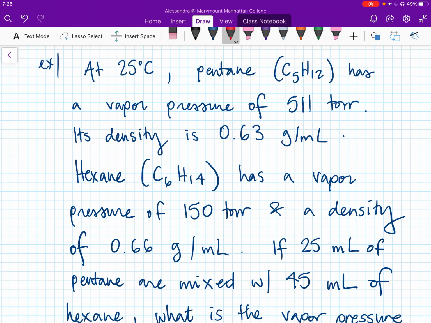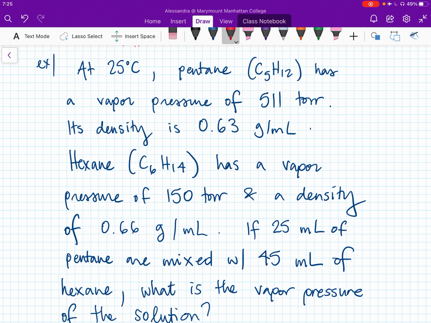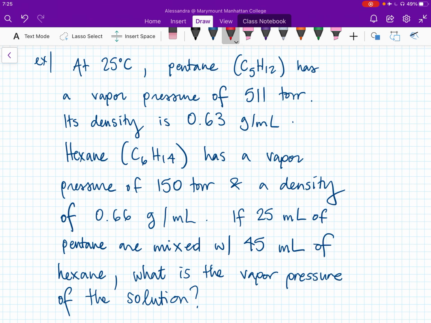At 25 degrees Celsius, pentane, which has a formula of C5H12, has a vapor pressure of 511 torr. That's the vapor pressure of pure pentane. It has a density of 0.63 grams per milliliter. Hexane, a slightly larger molecule, C6H14, has a vapor pressure of 150 torr and a density of 0.66 grams per milliliter.